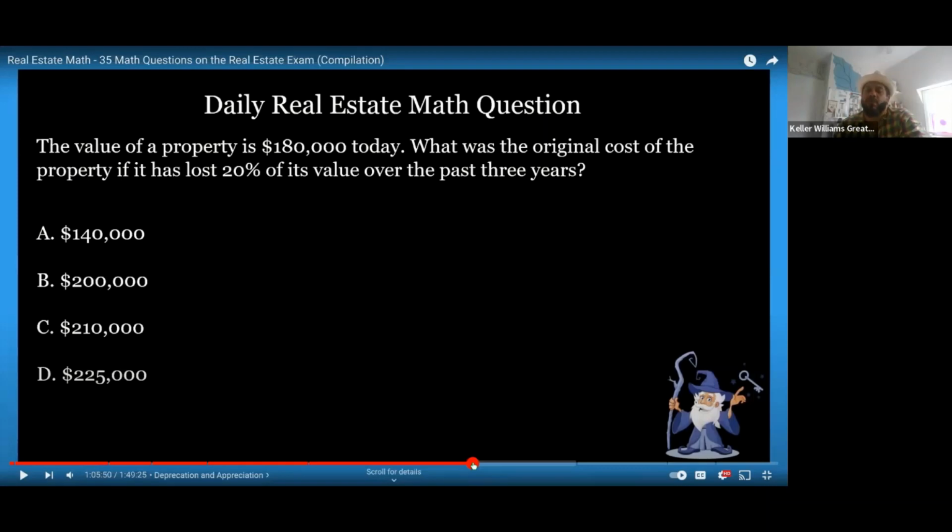100% minus 20 is what? So we know that 180,000 is 80% of whatever number that is, right?